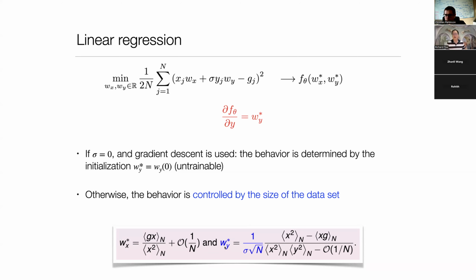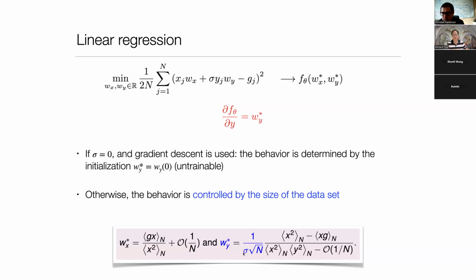And wy over here, when sigma is not 0, has this term, which can be written in this expression over here. What I want to emphasize is this term colored in blue, which appears to be very interesting to me. Why is that interesting?